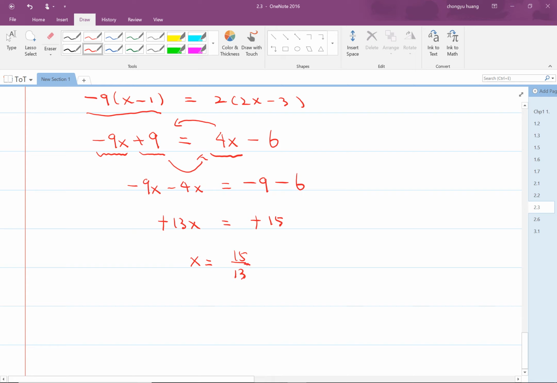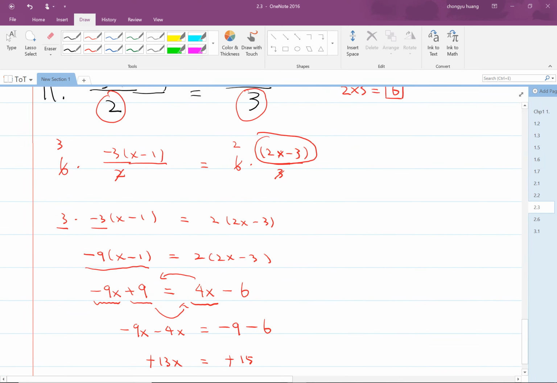You move the 13 to the other side, 13 becomes 1 over 13, so you just flip it, and then you put 15 on the top, so it's 15 over 13. So this is the solution.